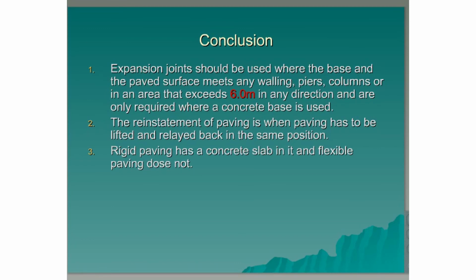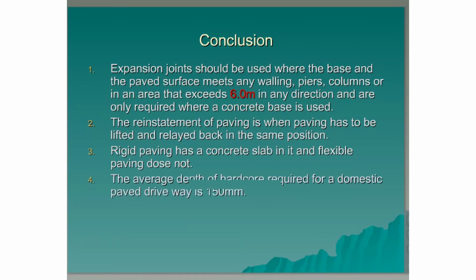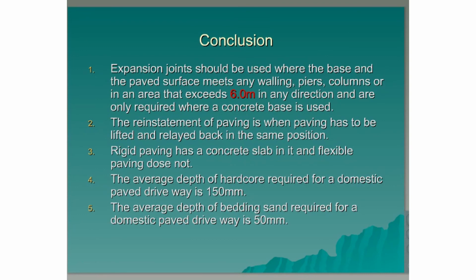Rigid paving has a concrete slab in it, and flexible paving does not. The average depth of hardcore required for a domestic paved driveway is 150 mm. The average depth of bedding sand required for a domestic paved driveway is 50 mm.